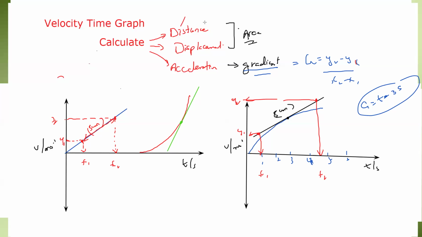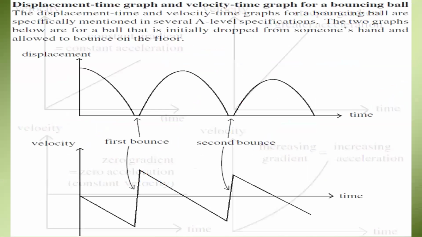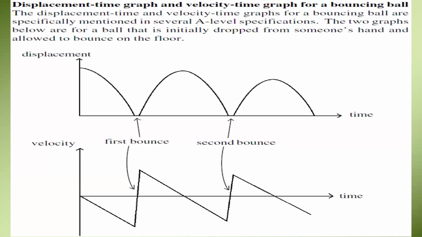Is it clear how we work out the acceleration from a velocity time graph? Anyone having a doubt or question? Yes. No. Okay. Now we can use this velocity time graph to form a relation as we did yesterday. For example, this is a displacement time graph and a velocity time graph.